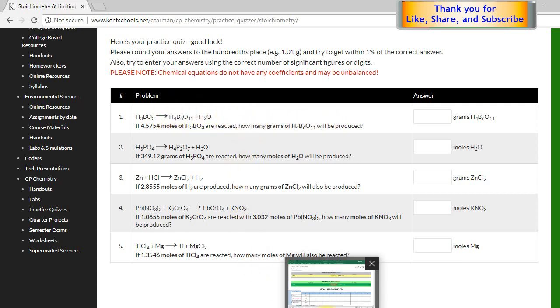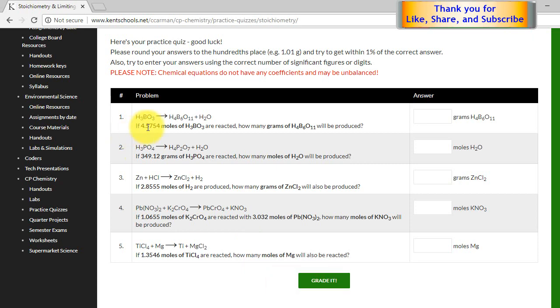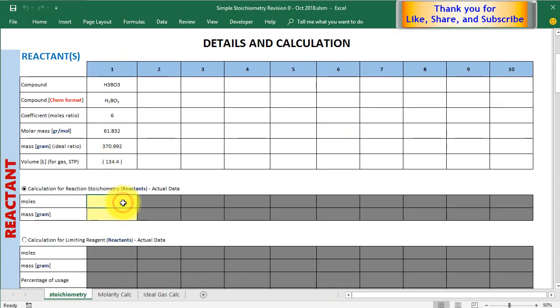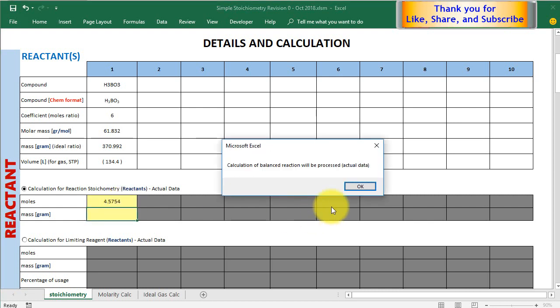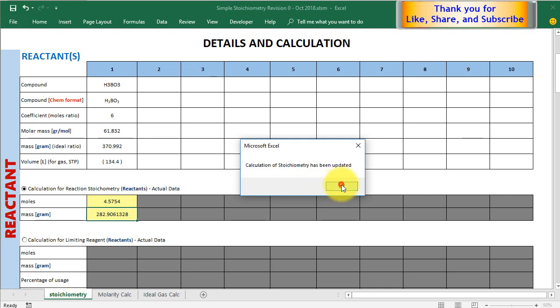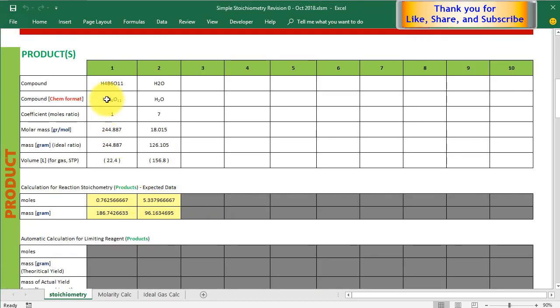Right, 4.5754 moles. Enter. And the question is how many grams of this?